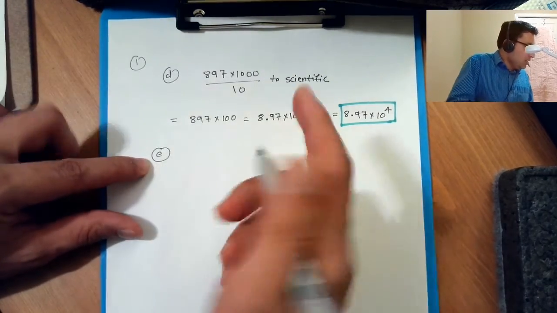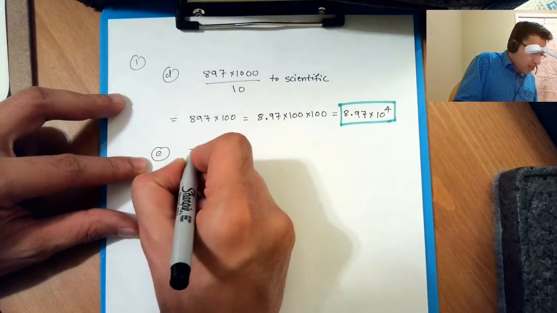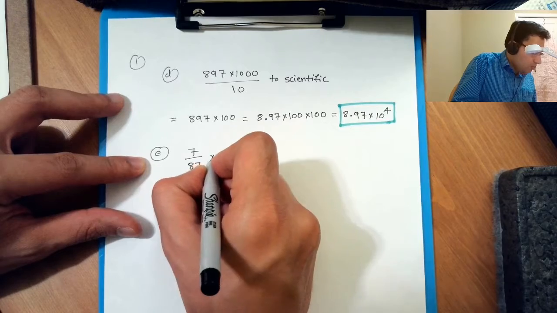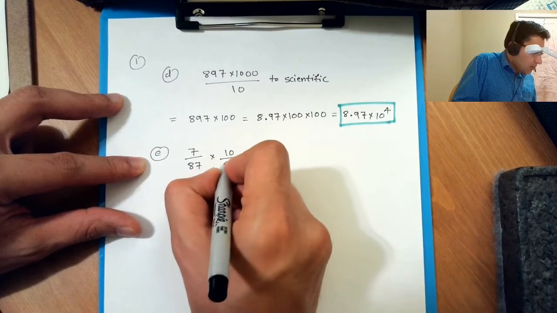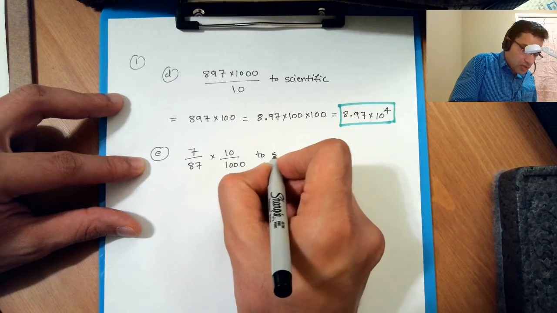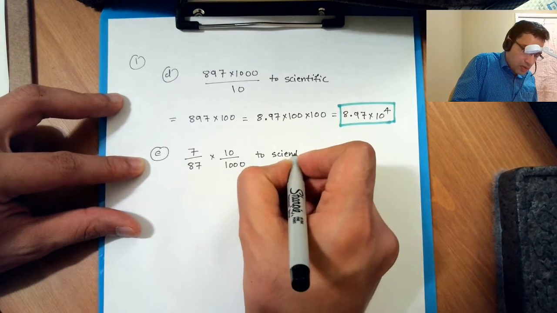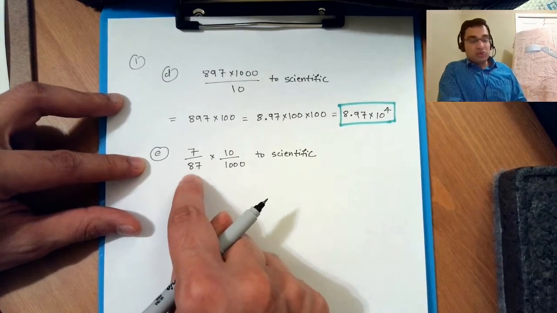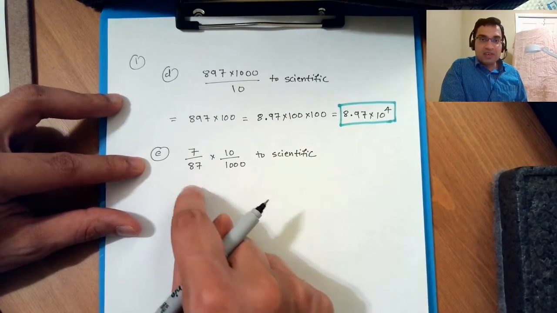Okay, so E is 7 divided by 87 times 10 divided by 1,000. Convert this to the scientific format. Okay, here you'll realize you might need a calculator, right? 7 divided by 87.